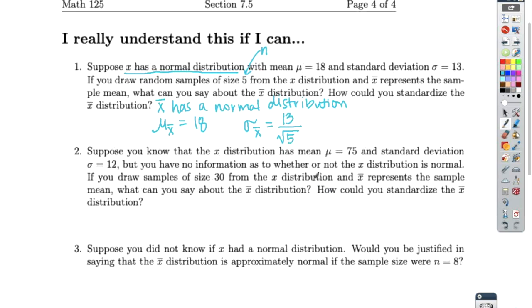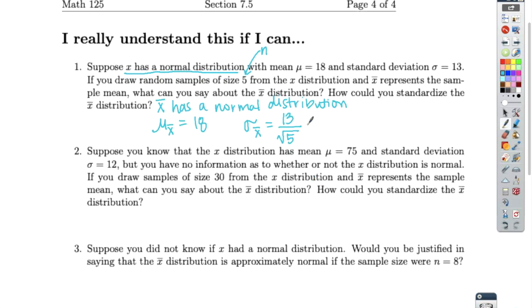So 13 divided by the square root of 5, and I'm going to put that into my calculator real quick. 13 divided by the square root of 5. And so when I do that, I find a standard deviation of 5.81.